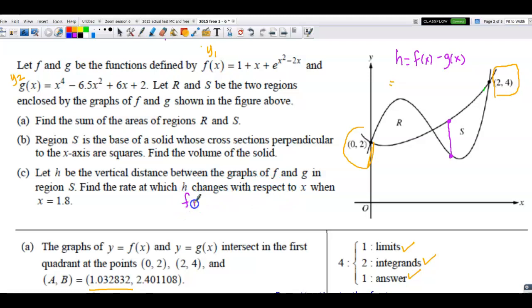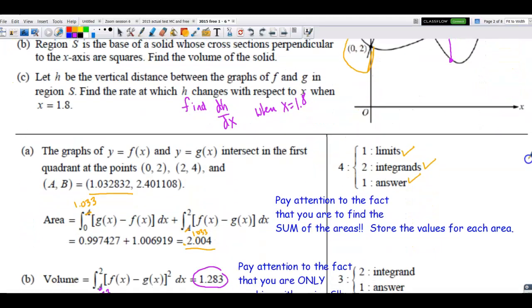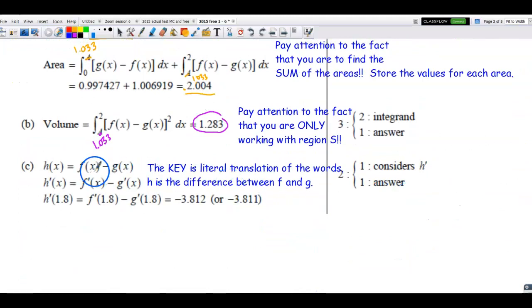So in other words, they're telling us to find dh/dx. We're taking the derivative with respect to x when x is equal to 1.8. So as I said, our function h is f of x minus g of x. So when we take the derivative with respect to x, the derivative of h of x is h prime of x.